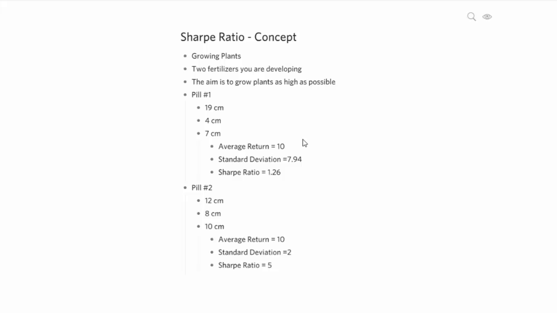Now coming back to the growing plants analogy, obviously you will want to use a fertilizer that gives you a more equal growth rather than something that ended up making one plant grow very, very tall and the other not grow at all. So from that perspective, a fertilizer that has a higher Sharpe ratio will give you better plants, so to speak.